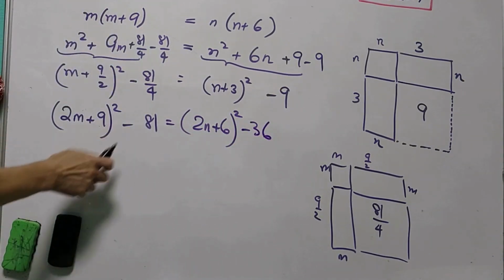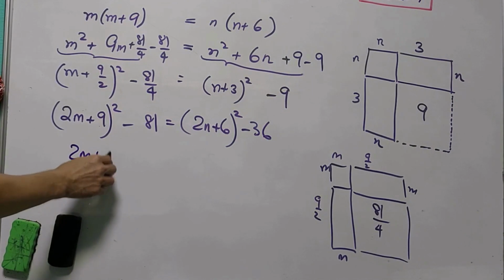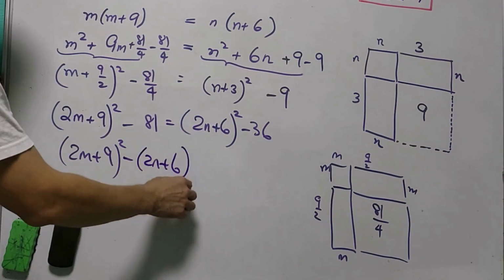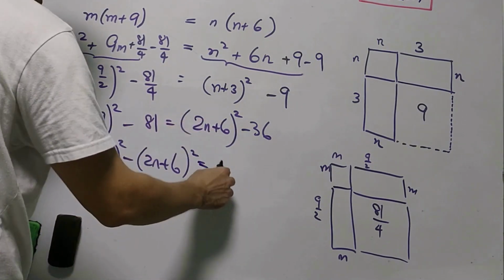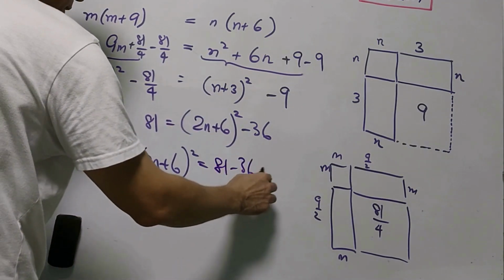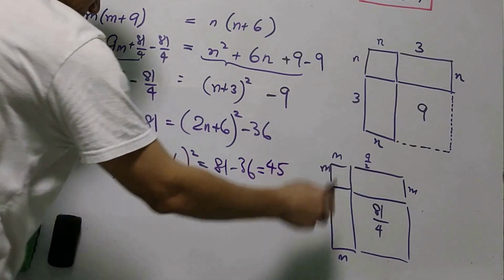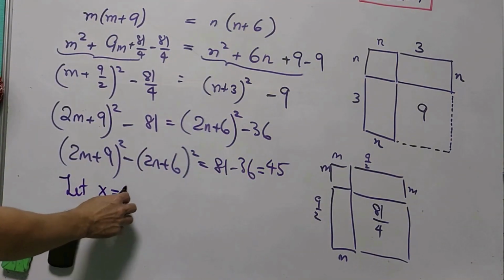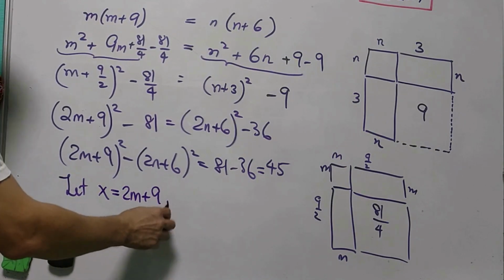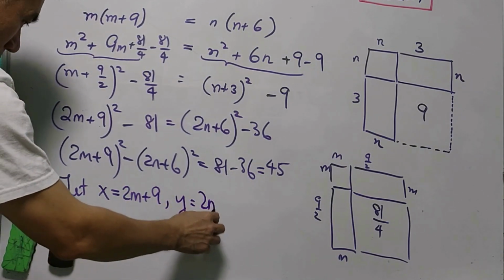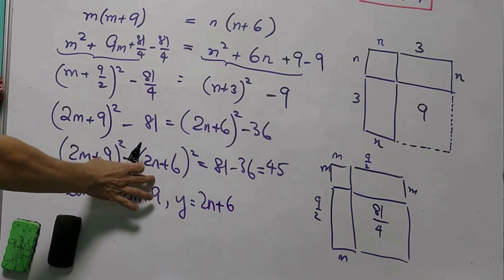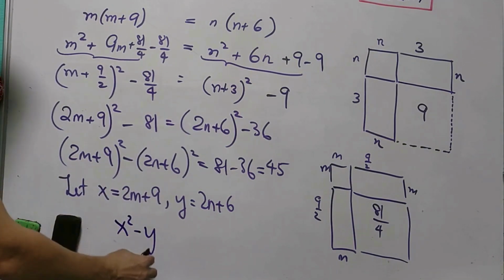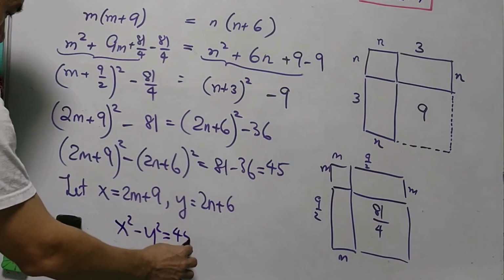Therefore, 2m plus 9 squared minus 2n plus 6 squared equals 81 minus 36, that is 45. So now we let x be 2m plus 9 and y be 2n plus 6. This equation will become x squared minus y squared equals 45.